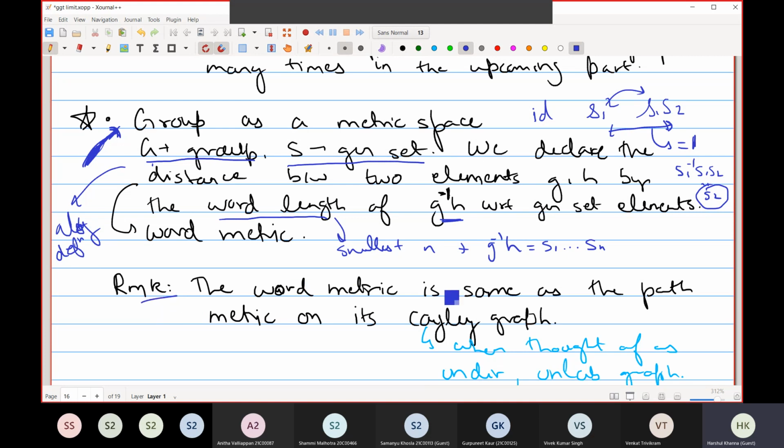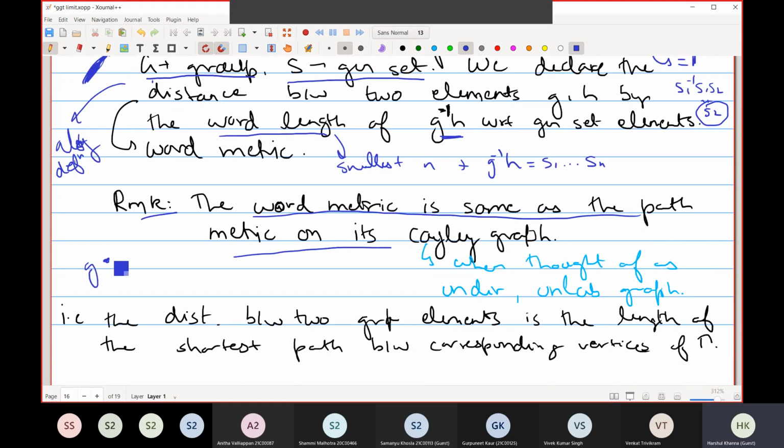Now, as you observed before, the word metric is the same as the path metric on a Cayley graph. Because if you had G and H, and G inverse H is S1 till Sn, that means you have an edge path like this.